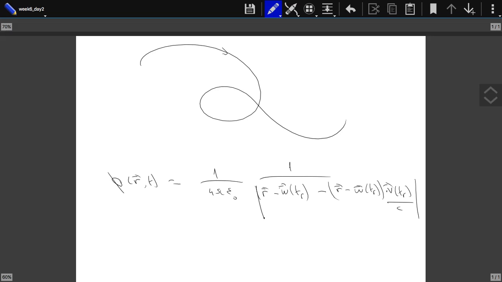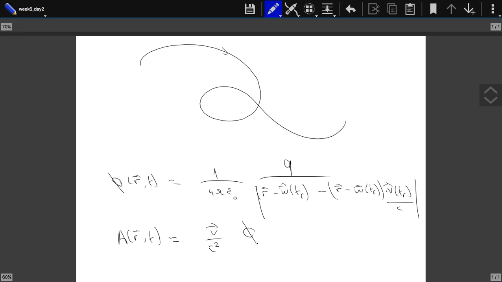So this was the new potential we had, and we also derived the vector potential. The vector potential is simply related to this phi. The relation was just multiply phi by v over c squared.